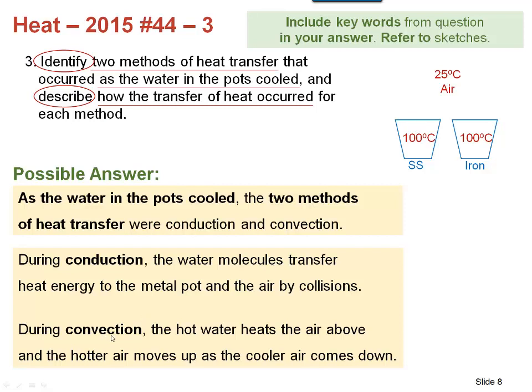During convection, the hot water heats the air above, and the hotter air moves up as the cooler air comes down. So if you again imagine this top layer of water here, and it's hot, at 100 degrees Celsius, it's heating up the cooler air above it.